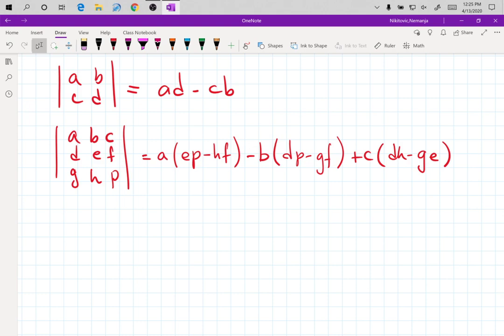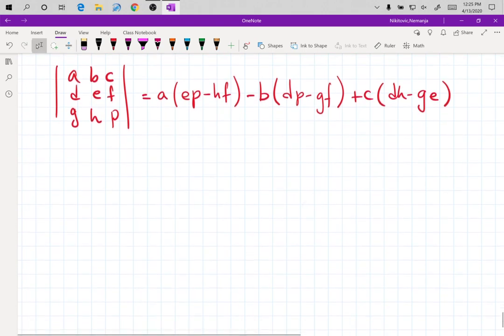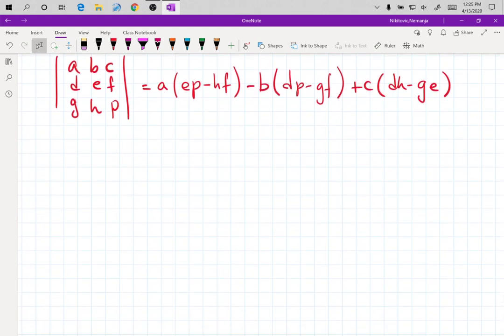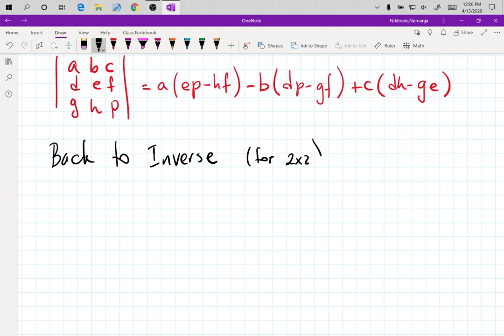All right, so determinant, and the reason why we need determinant is so we can get the inverse, right? So now I can go back to inverse for 2 by 2.